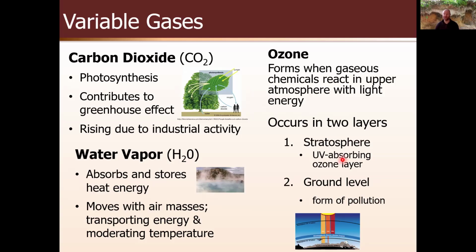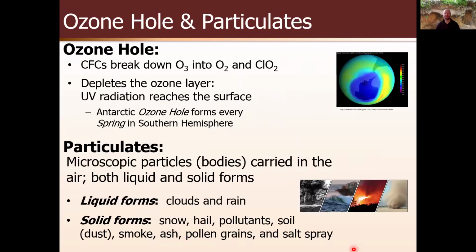It literally shields us from a tremendous amount of UV radiation. It is also a greenhouse gas, and it's absorbing an incredible amount of UV radiation. However, if ozone occurs near Earth's surface, it is considered a form of pollution, as it is harmful to human respiratory function.